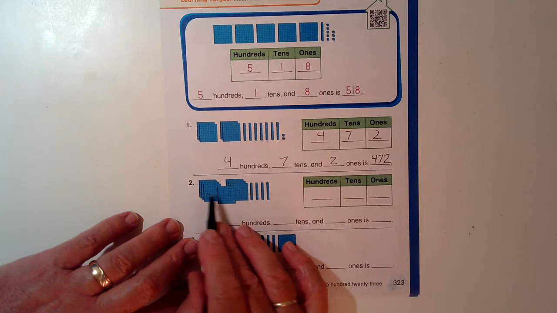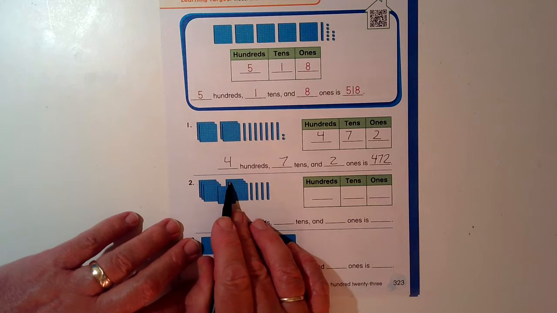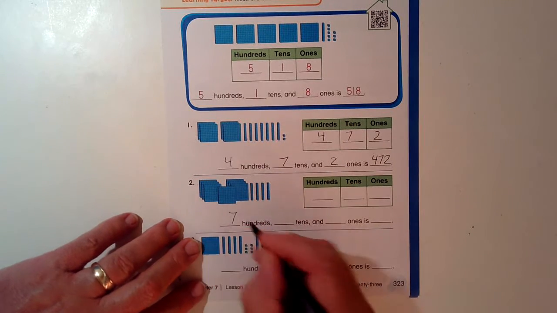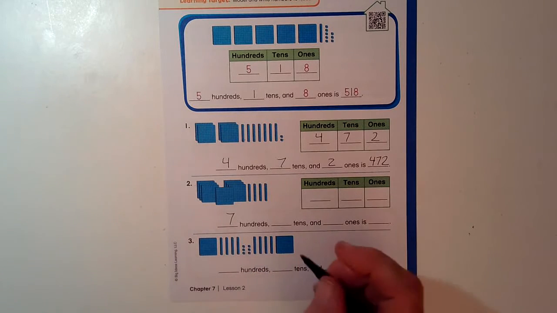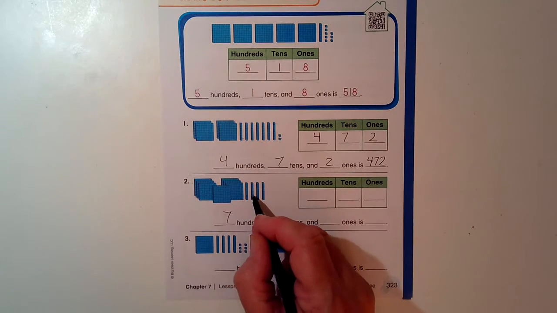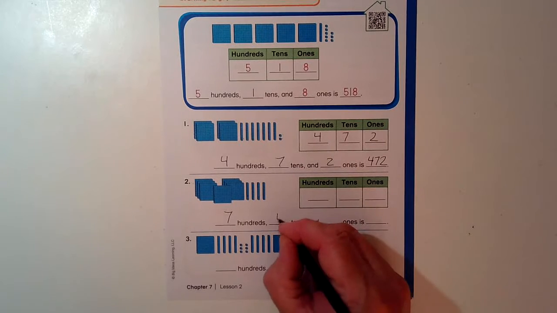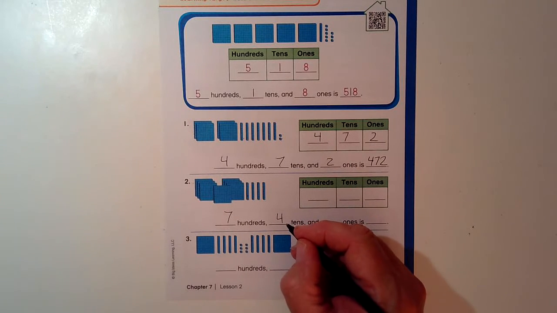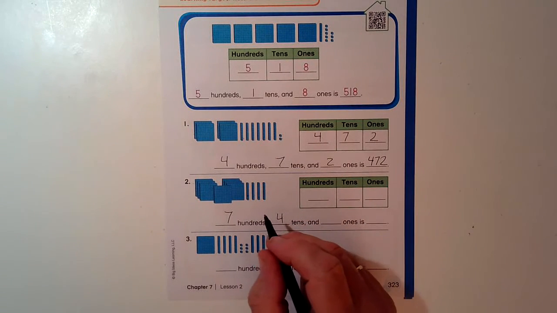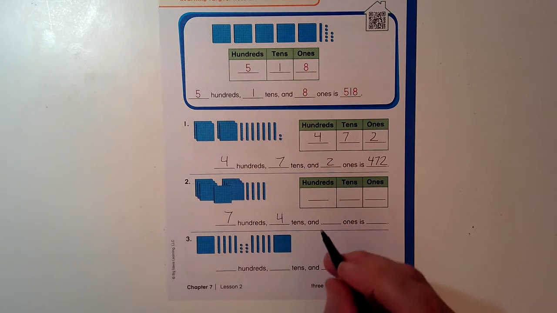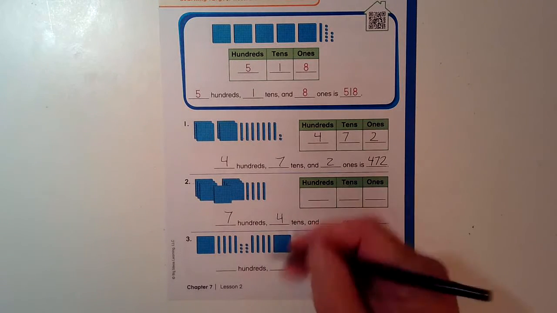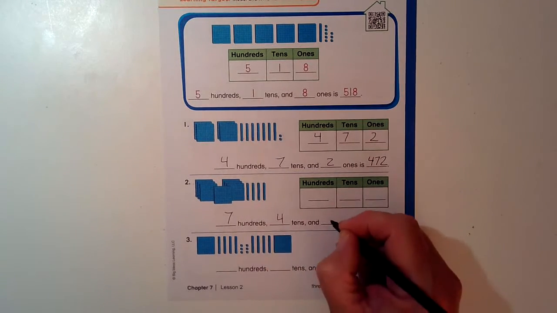1, 2, 3, 4, 5, 6, 7 in the hundreds column. 1, 2, 3, 4 in the tens column. And how many in the ones column? Nothing. 0.